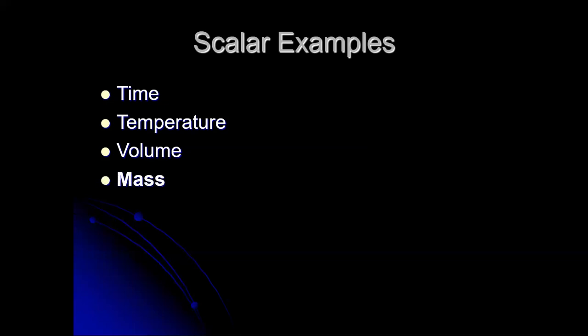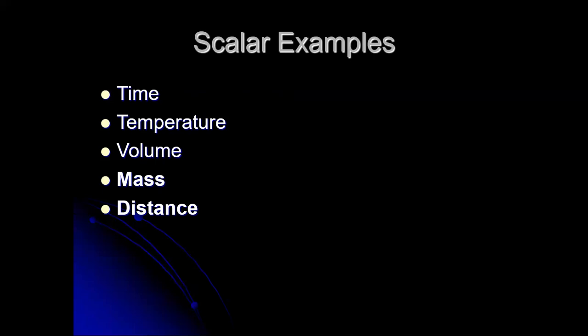Mass is a pretty important scalar. That's why that one's bolded in there. Mass is pretty important to what we do in this class. Mass is essentially a count of how many molecules make up something, so it's a scalar quantity because it's just a count. Distance, how far it is from one place to another, or how long a part is, or how close two things are fitting together.